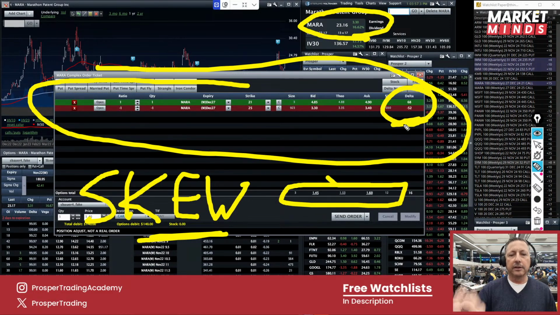But yet, look at the delta. That option is trading like it's actually slightly in the money. That's why the delta there is greater than 50.